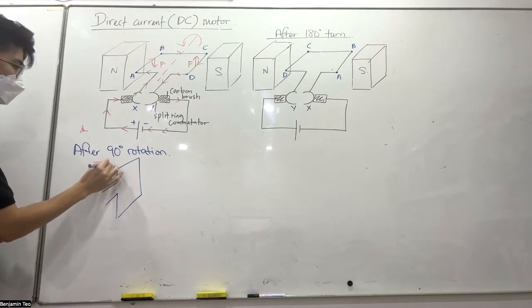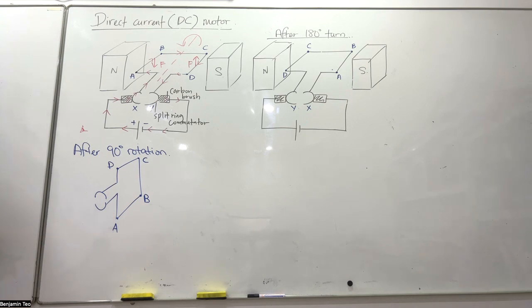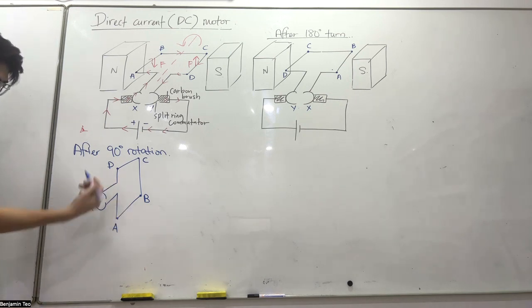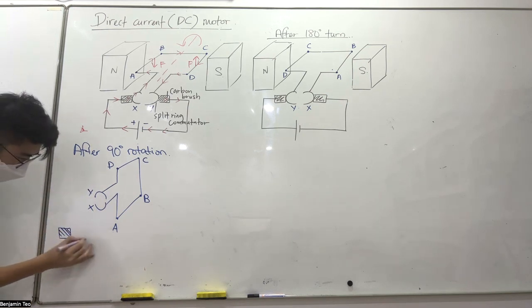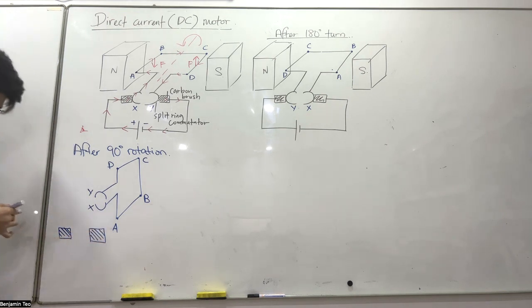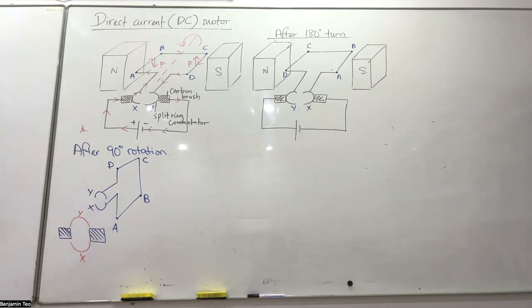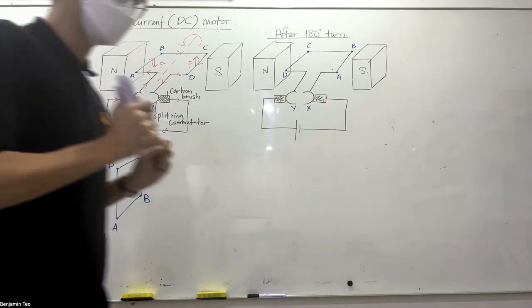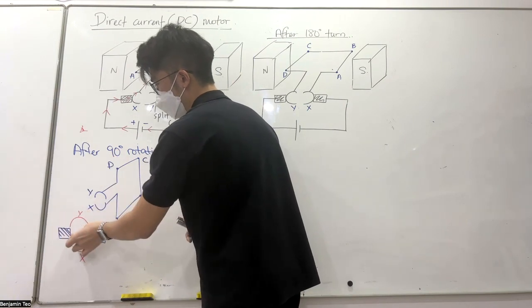这个会变成 D C B A，然后这个是 Y，这个是 X，对吗？90 度过后，当它在这一个 position 的时候，它跟那个 carbon brush 是 detached 了的。当它在 90 度的时候，这个 split ring 跟 carbon brush 是没有 touch 到的。所以意思是说，the moment it arrives here, this is disconnected.